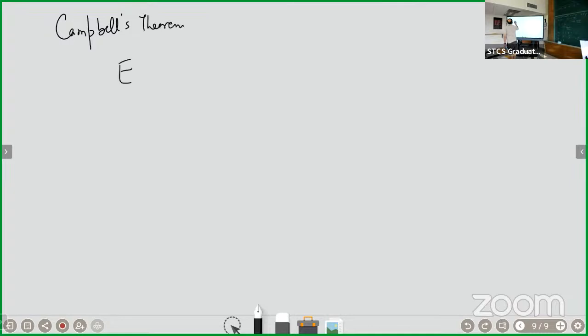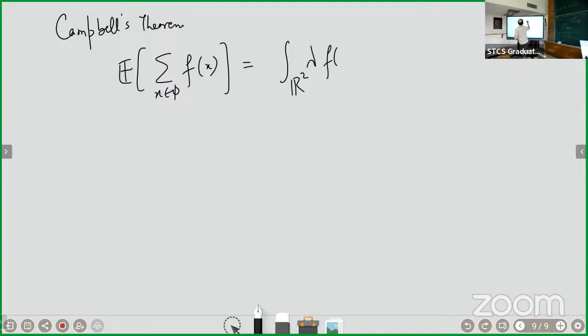I was going to do the following. The expectation of the summation of f of x is equal to the integral over, let's say, R. If f is defined over R, then this integral is over R. See the power of it.